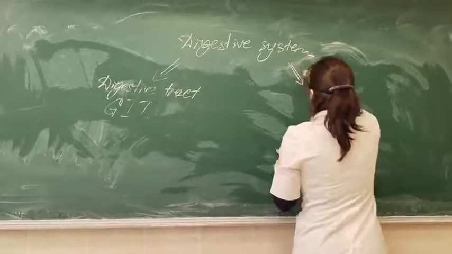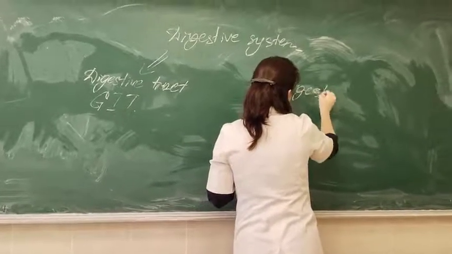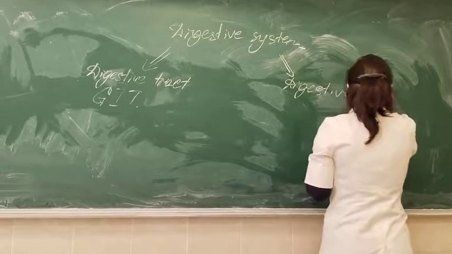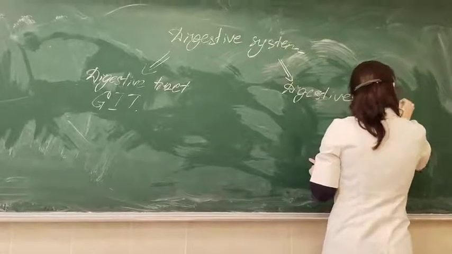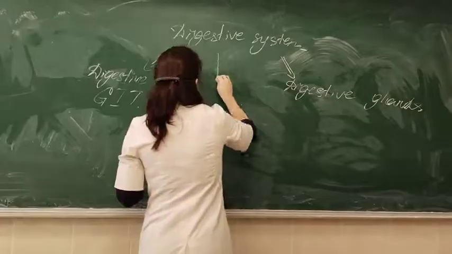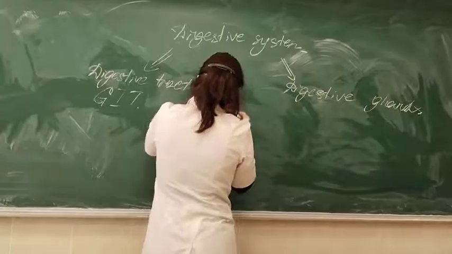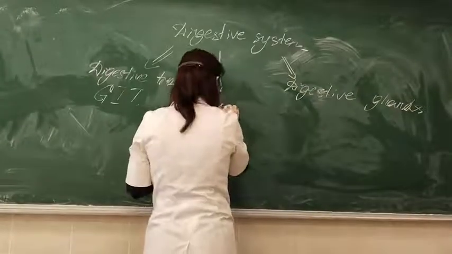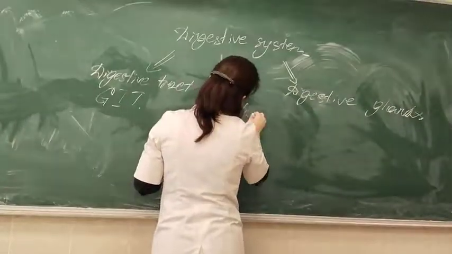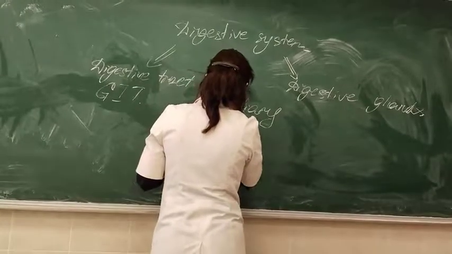The other group is digestive glands. And the third group is auxiliary organs of the digestive system.